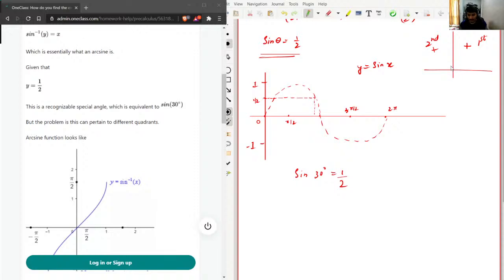Basically it is going to be this line. This angle is going to be 30 degrees, and this will be 180 minus 30, so this angle will be 150 degrees.